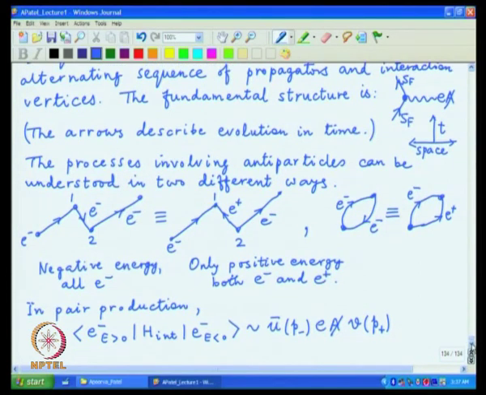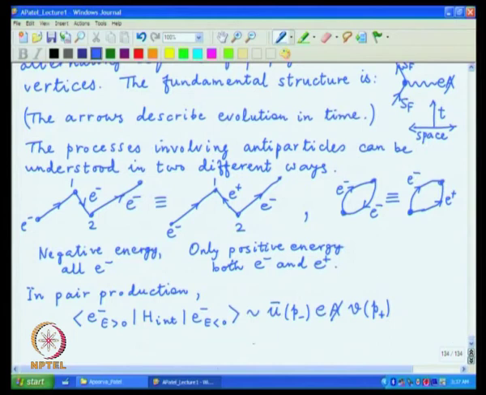Then by plugging in factors, this object is going to behave like e raised to minus I p minus dotted with x, the whole thing complex conjugated, and then e raised to I p plus dotted with x, because that is the behavior of this wave function V. U and V have opposite phases. This is one particular language.